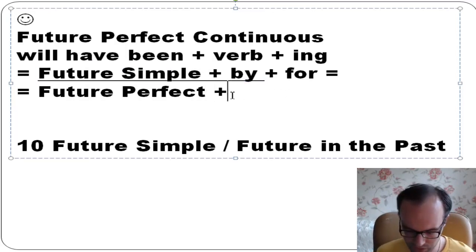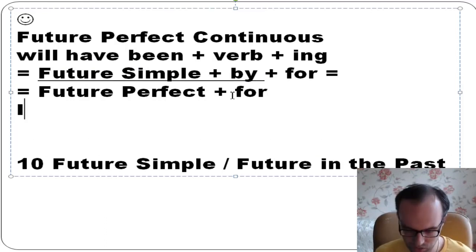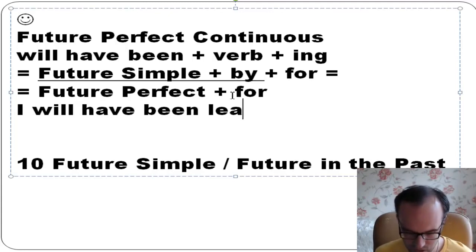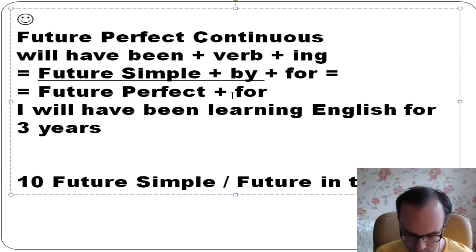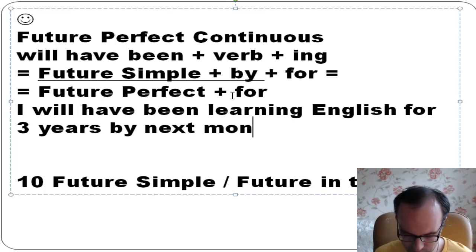It's future perfect plus for. So look, I will have been learning English for 3 years by next month.